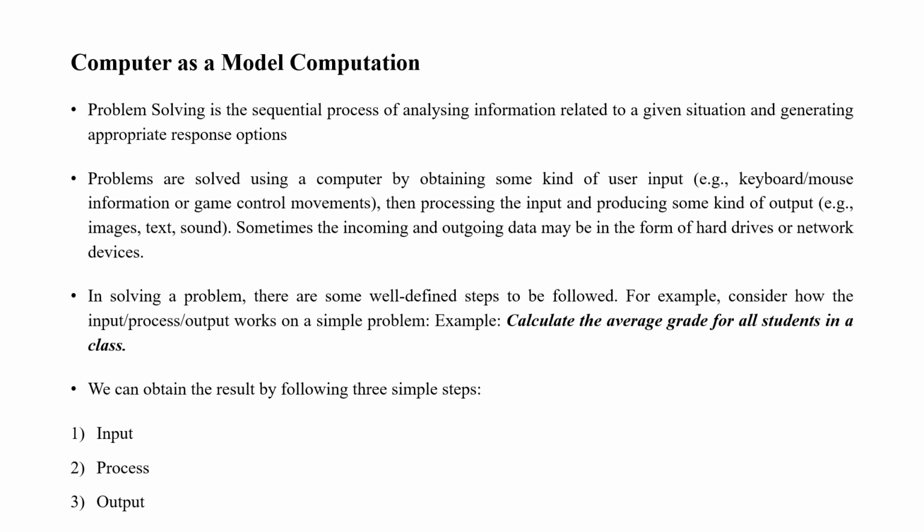One of the outputs you get is your images, your text, or your sound. Sometimes the incoming and outgoing data may be in the form of hard drives or network devices. So computer is our model whenever we are talking about solving problems in computer science or information technology.